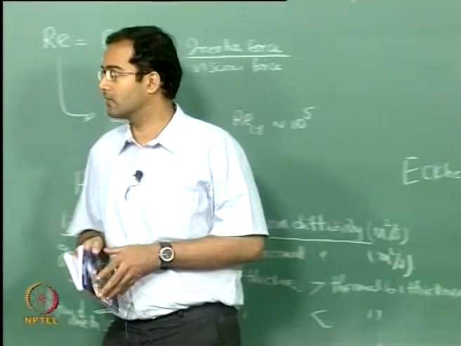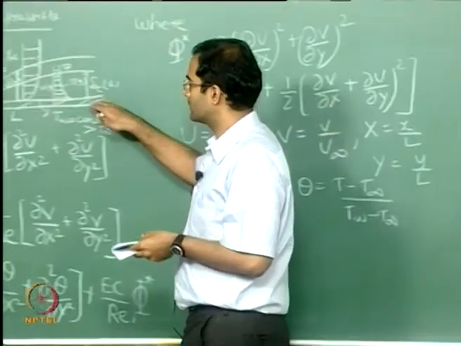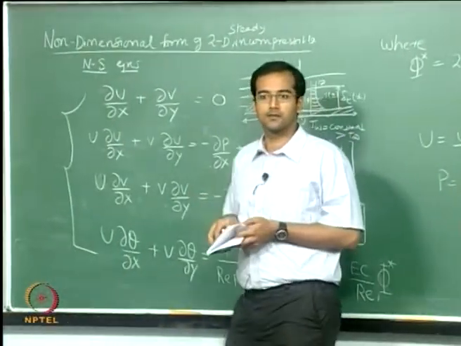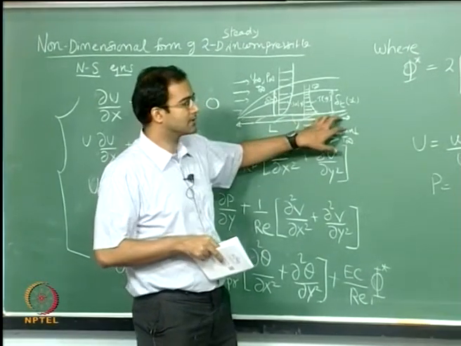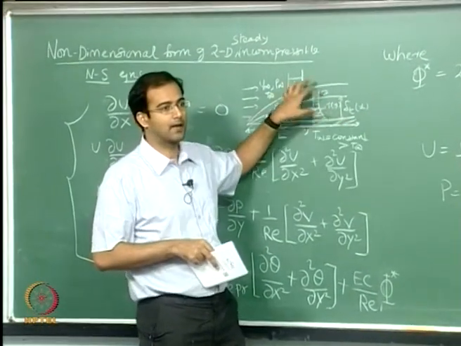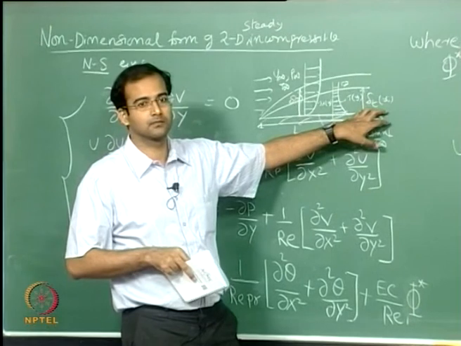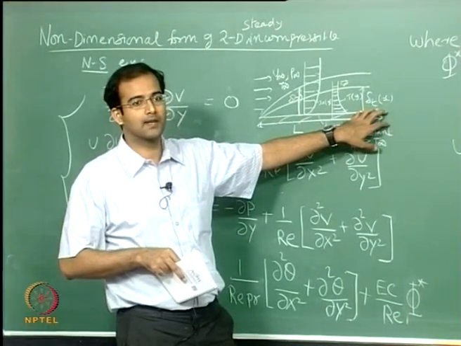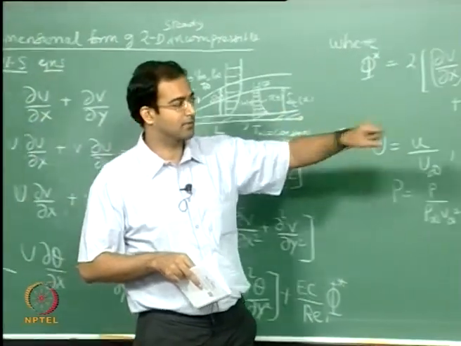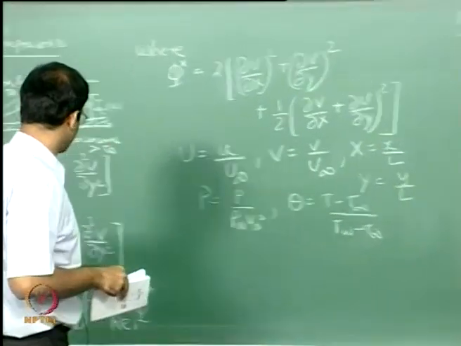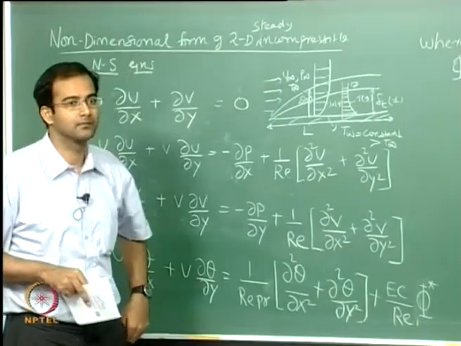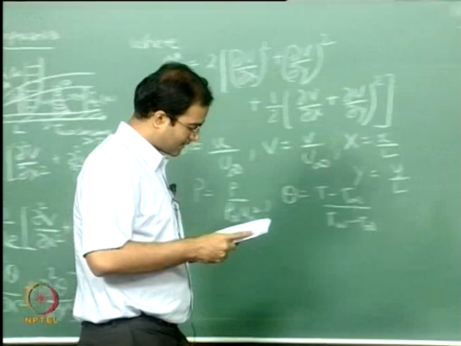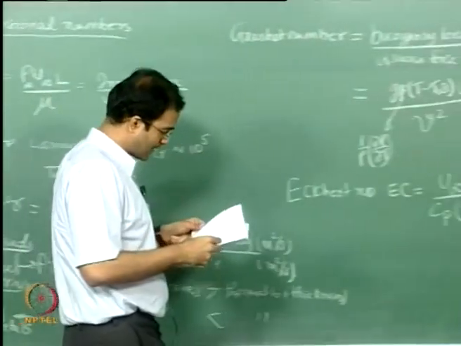So even if you maintain the wall as adiabatic, due to viscous dissipation effects you can have a temperature profile. The temperature profile can set in essentially because of the Eckert number, which comes into the viscous dissipation term. So these are some of the non-dimensional numbers.